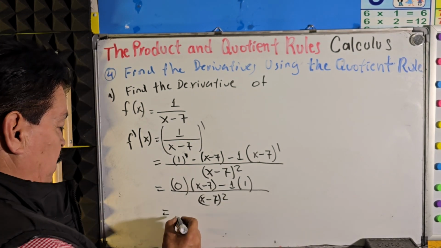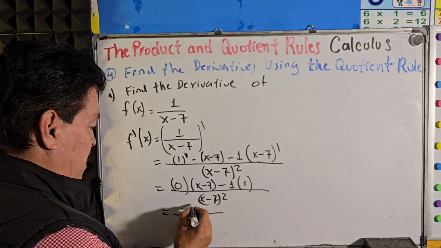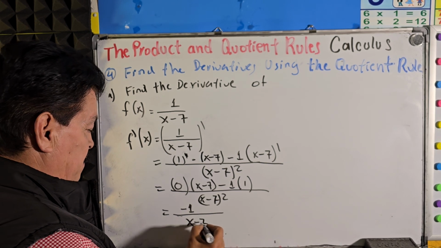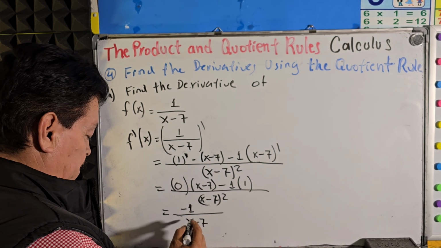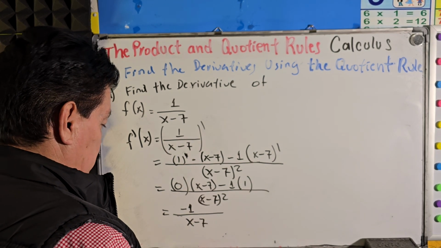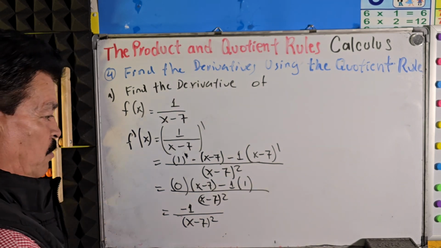You simplify, we will have here, this is 0, this is going to be negative 1 on top, and then x minus 7 to the second power. See? And this is the answer.